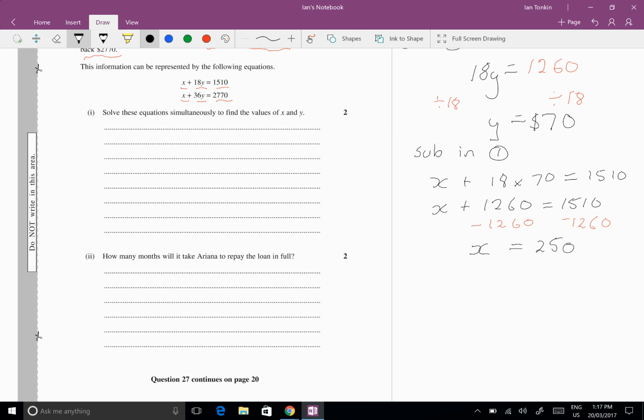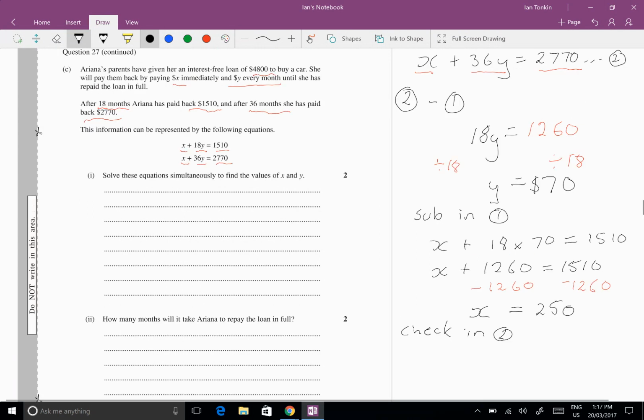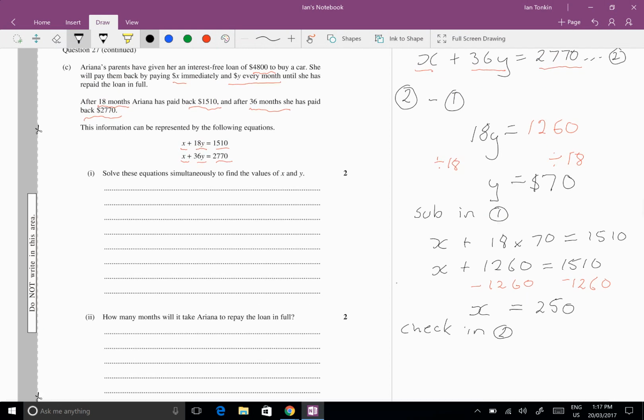Now I want to be doubly sure, so I'm going to check all that in equation 2, because I used equation 1 to get it. And equation 2 was x plus 36y. Here it is up here.